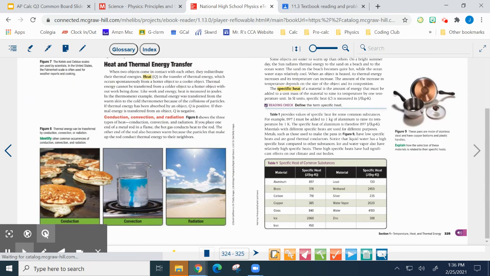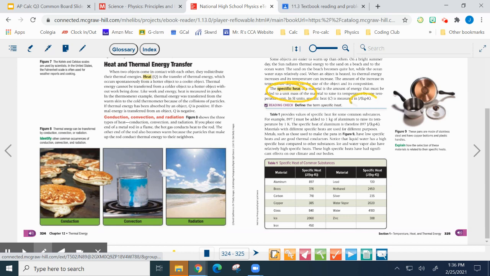So what we need to do is go back here, and we need a couple things. We're going to need the specific heat of copper. Just to refresh your memory, specific heat is the amount of energy it takes to raise the temperature of a particular material, 1 kilogram of that material, 1 degree Kelvin.